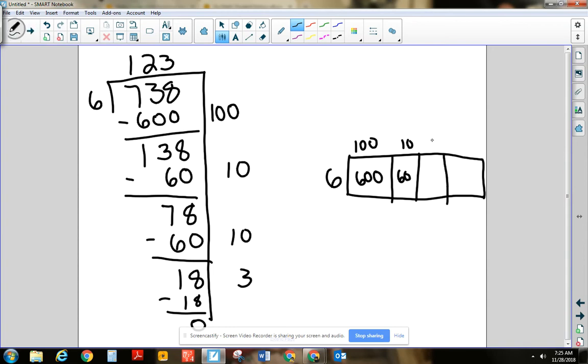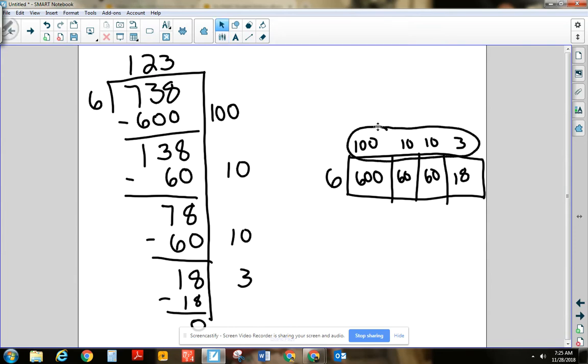And we did 6 times 10 again, right here. And then we did 6 times 3 is 18. And sure enough, 660, 720, 738. And then our quotient would be these numbers all added up, 123. Last problem.